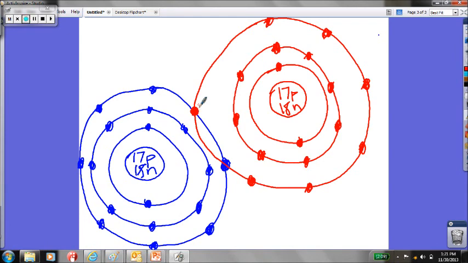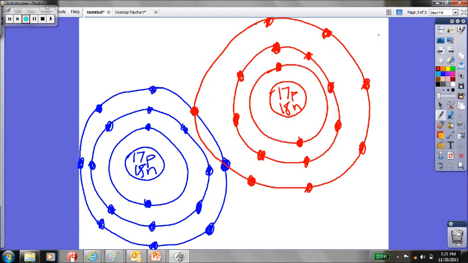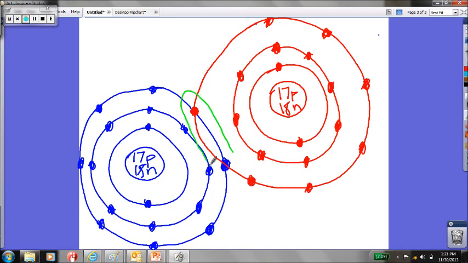So now, because my chlorine atoms are sharing a pair of electrons, my blue chlorine atom is sharing an electron with the red chlorine atom, and my red chlorine atom is sharing an electron with the blue chlorine atom. Each chlorine atom now has a full valence shell.